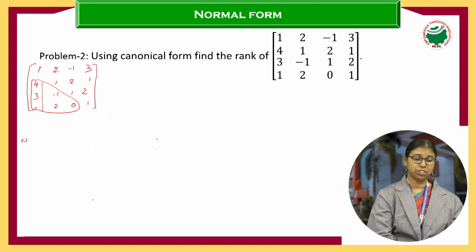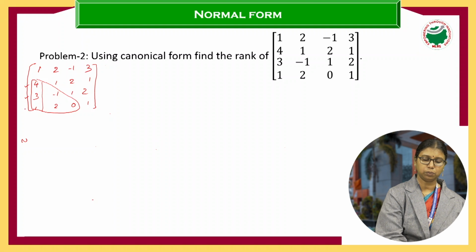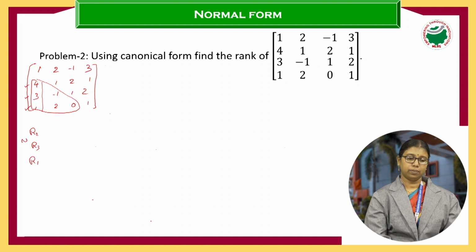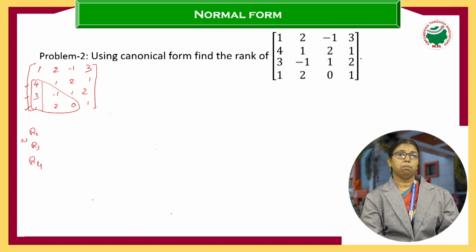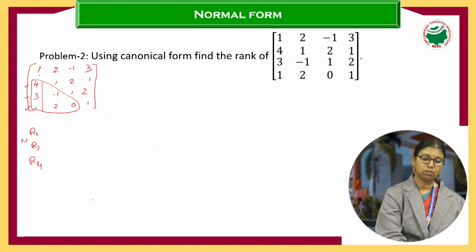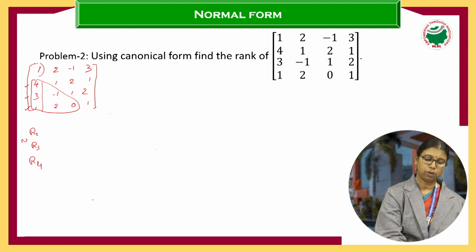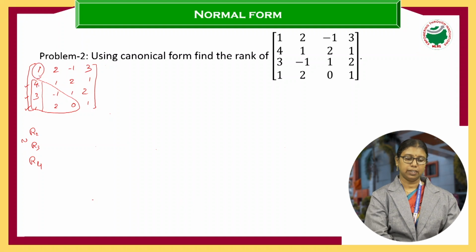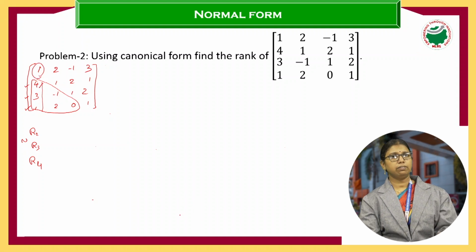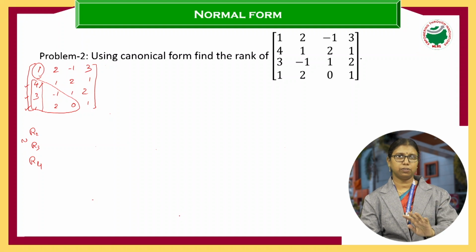Which rows do we have to change here? We have to change R2, R3, R4. By using which row can we change them? By using R1 only we can change R2, R3, R4. The corresponding value in R1 is 1. Here I have 4. In R1 if you get 4, then 4 minus 4 you will get 0.